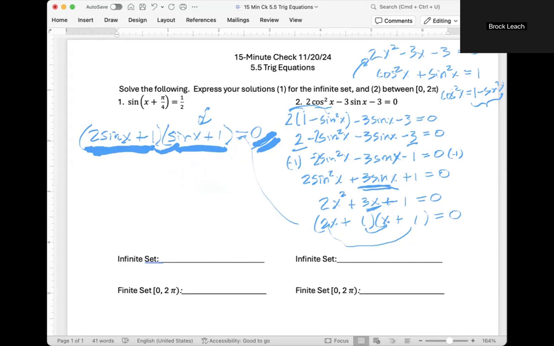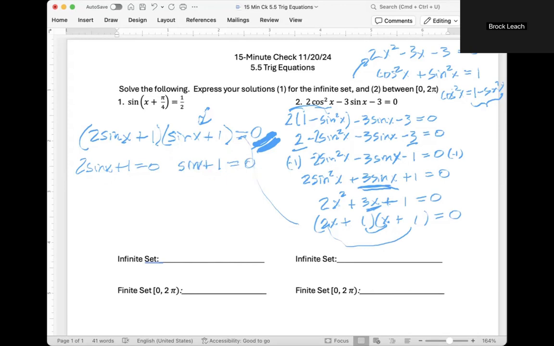And so it allows us to break this into two different statements that we can solve. One is where 2 sine x plus 1 gives me 0. And we figure out what would make that first parenthesis equal to 0. And the other is where the second parenthesis, sine x plus 1, would equal 0.